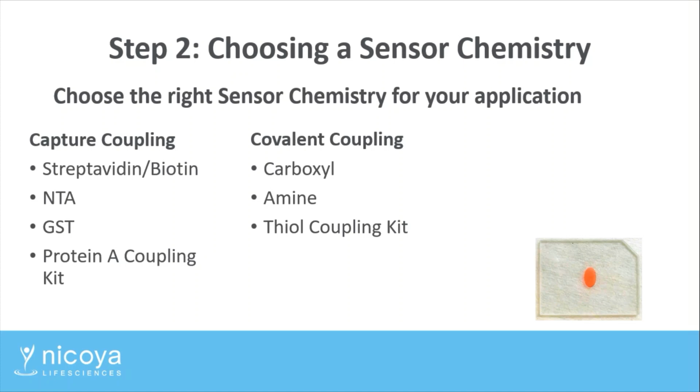The most common one we have is our carboxyl sensor surface, which uses an EDC NHS amine coupling technique that will covalently couple any free amine groups to the sensor surface. If you're working with a biomolecule that needs to be in a hydrophobic environment or liposomes, you can take advantage of one of our hydrophobic coupling techniques. For each of the different sensor chemistries, we have a respective sensor chip tech guide which will walk you through the procedure for using each chemistry.